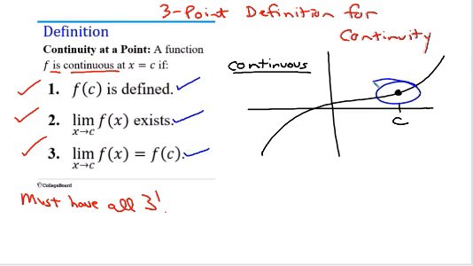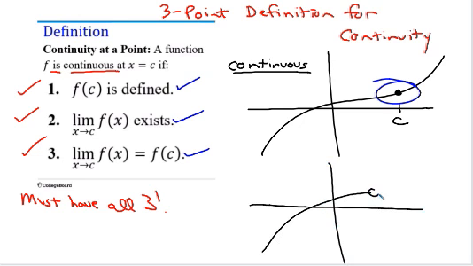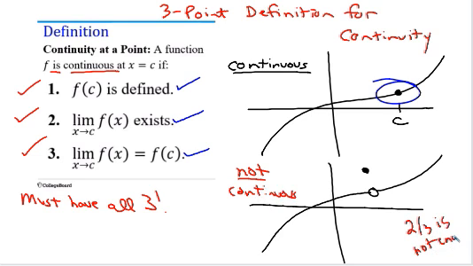But let's make a little quick sketch here for the sake of your notes. If I have this, this one is not continuous. It meets 2 out of the 3. But 2 out of 3 is not enough.